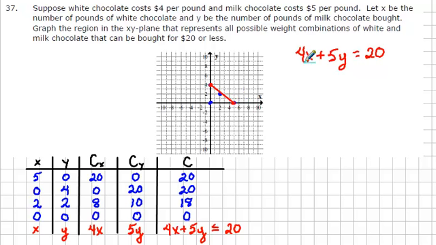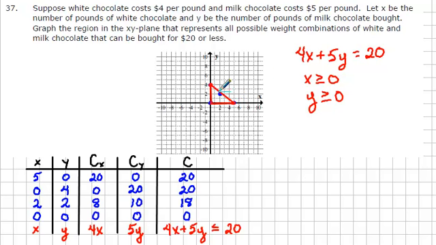Okay, we know that x and y both have to be non-negative, so x must be greater than or equal to 0, and y must also be greater than or equal to 0. So for x greater than or equal to 0, we would draw the line x equals 0, and for y greater than or equal to 0, we would draw a horizontal line segment from 0, 0 to 5, 0.